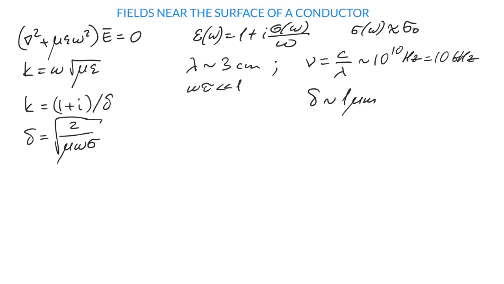To make it clear that there are two different wave vectors involved, let's apply a subscript c to k in the conductor, and reserve k for the wave vector in vacuum, which is just 2 pi over lambda. By comparing lambda and delta, we see that in this problem we have a small parameter, k delta, which is much less than 1. The existence of the small parameter will be the key to our subsequent considerations.